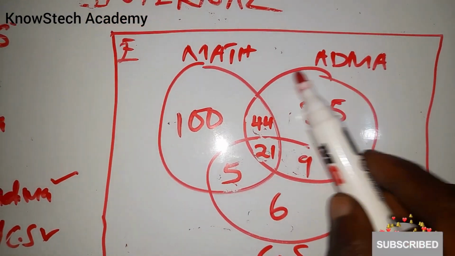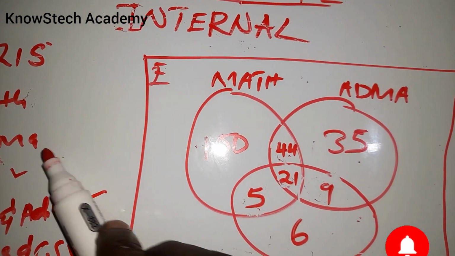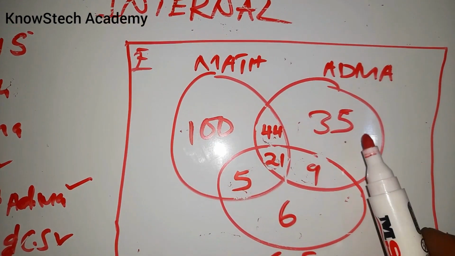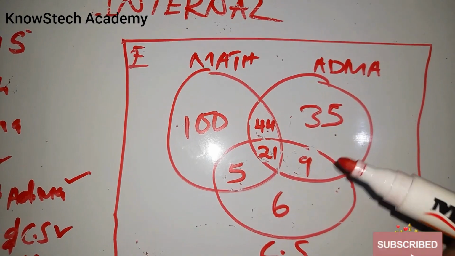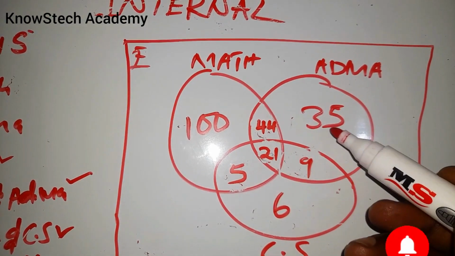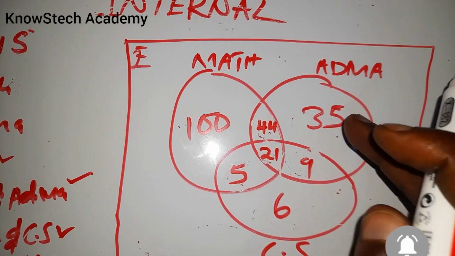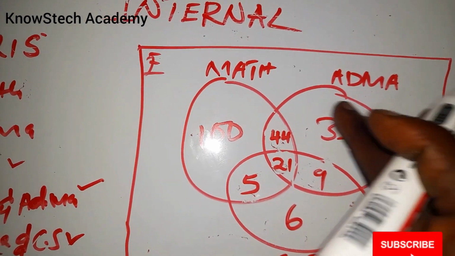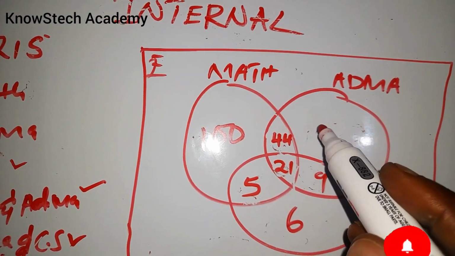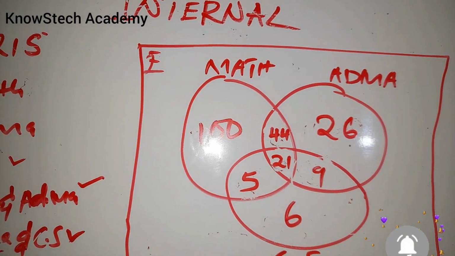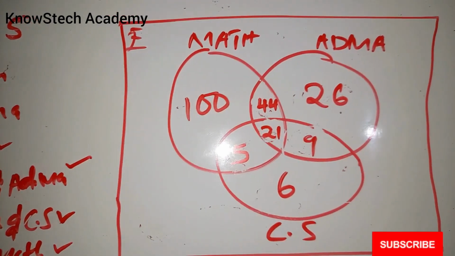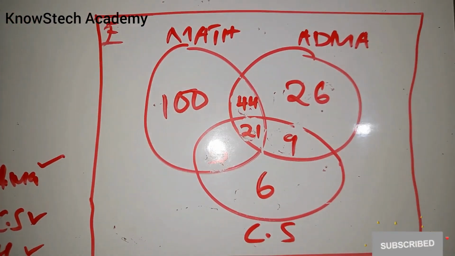But when you add this, it's not giving you 100, it's giving 109, meaning there is a mistake. 100 minus this, minus this, minus this, and minus 9, it should give you 26 and not 35. Okay? 26 and not 35.